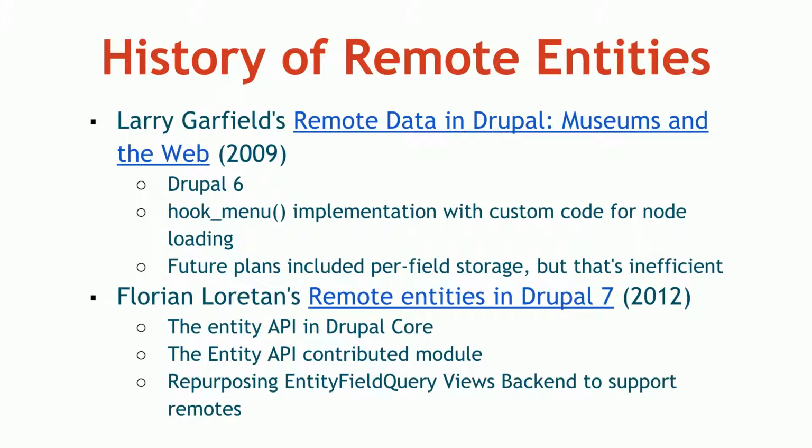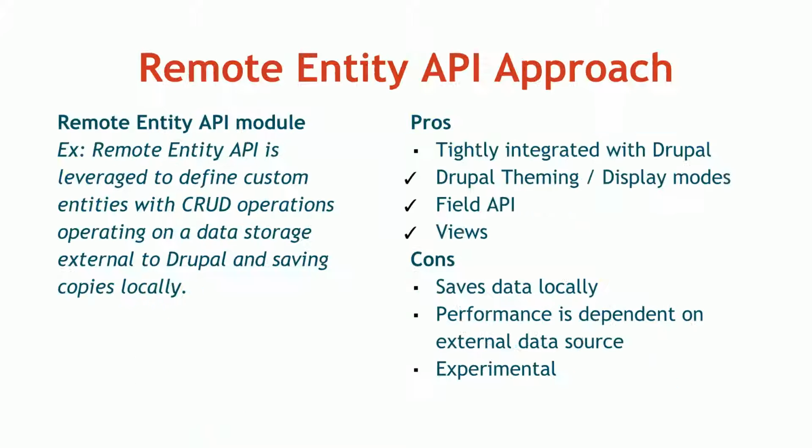A few years later, still in Drupal 7, we can do a lot more. There's now a module called Remote Entity API. This has been around for a couple years now, maybe 2 years. The idea with this is, because every entity has the ability to have its own custom controller, you have control over what a load method does, what a save method does.